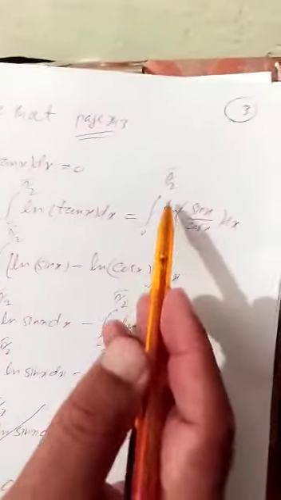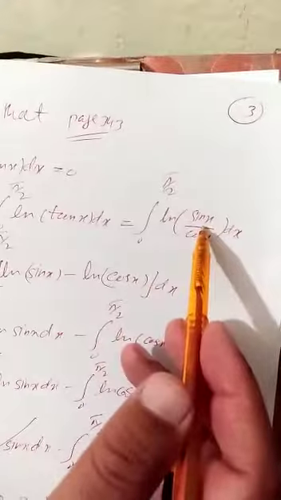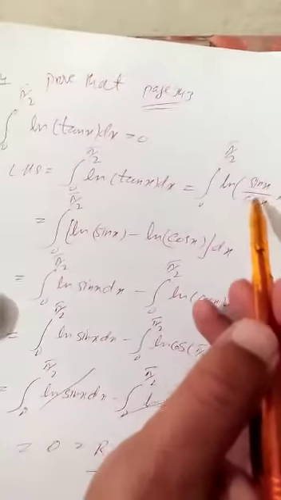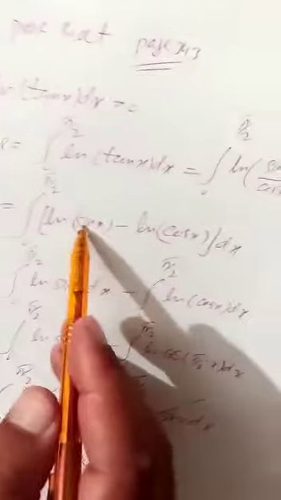Again, another interesting example. Prove that the integral from 0 to pi by 2 of natural log of tangent x dx is equal to 0. Now we know that the integral from 0 to pi by 2 of natural log of tan x dx we can write as the integral from 0 to pi by 2 of natural log of sin x divided by cos x dx. This is a quotient. When we apply log, it can be written in difference form. Again, we apply integration to both.